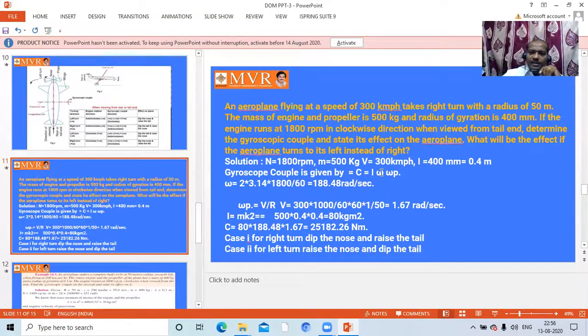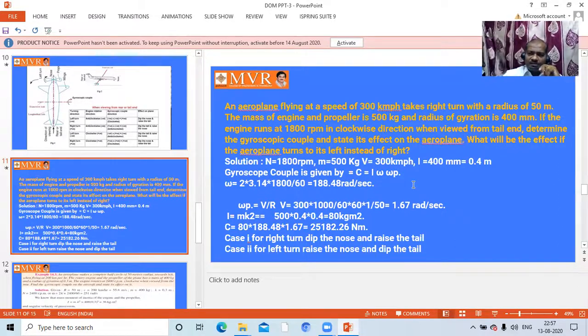Next, what is omega? Omega is nothing but angular velocity, that is omega equals 2 pi n by 60. 2 into pi value 3.14 into n, the rpm of the machine, which is 1800 rpm. By substituting the values, we get 188.48 radians per second.